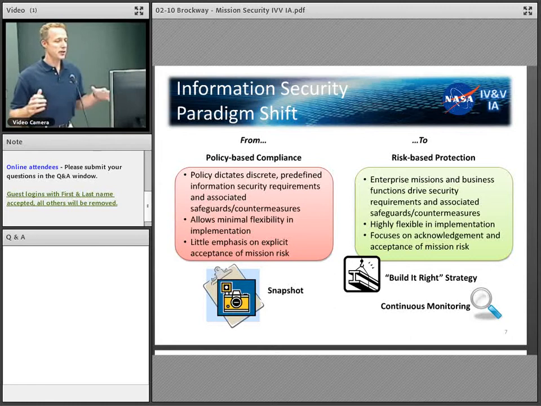And then it becomes a win-win proposition as opposed to just simply fighting compliance or seeking waivers to some particular security requirement.